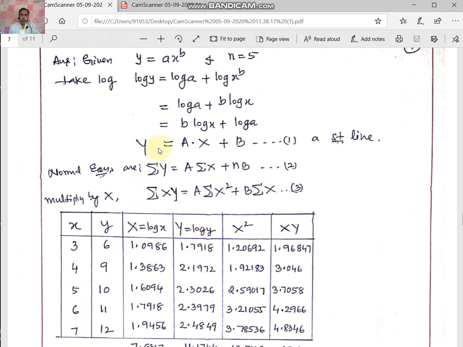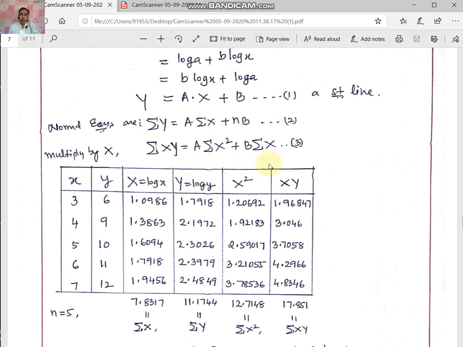Then the normal equations for this straight line are sigma Y = A sigma X + n B. One more equation, sigma XY = A sigma X square + B sigma X. Now we want to find these sums: sigma capital X, sigma capital Y, sigma XY and sigma X square.